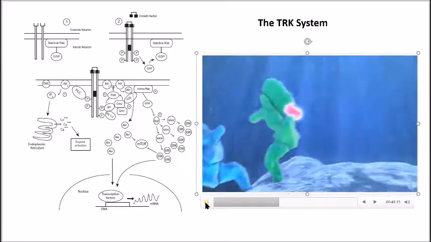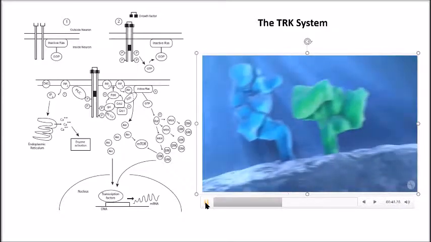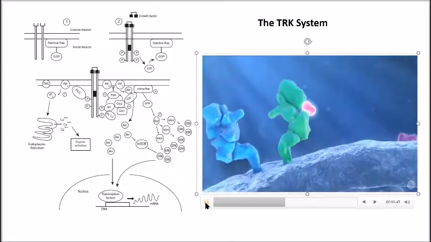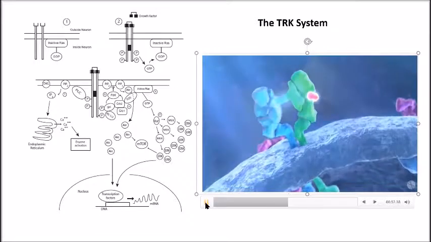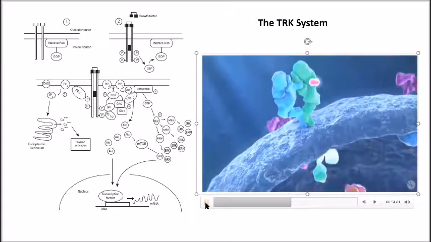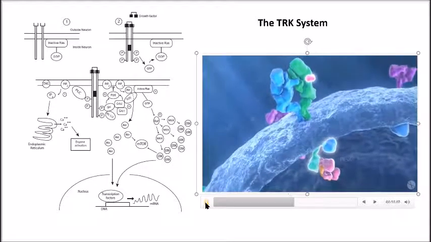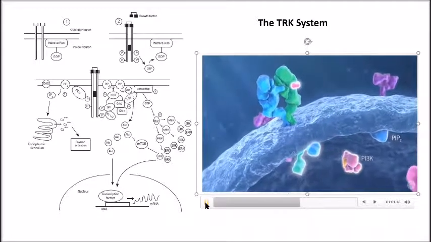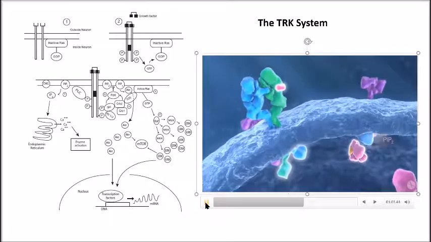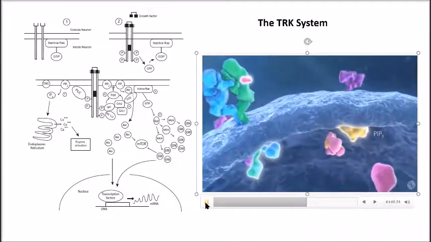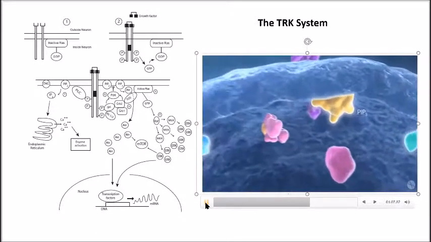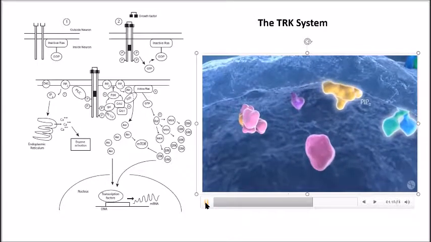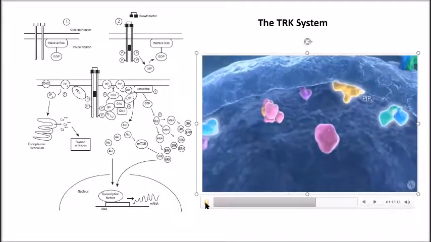PI3K signaling is initiated by the growth factor binding to the tyrosine kinase receptor, leading to receptor dimerization. As a consequence, lipid kinase PI3K is recruited to the internal docking site and becomes activated. PI3K next converts membrane lipid PIP2 to its active PIP3 form, which in turn leads to activation of a key signaling kinase, AKT.